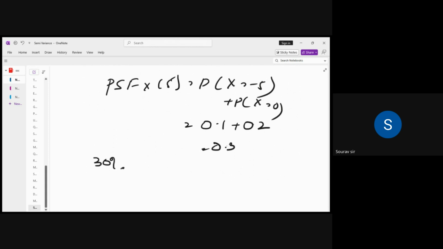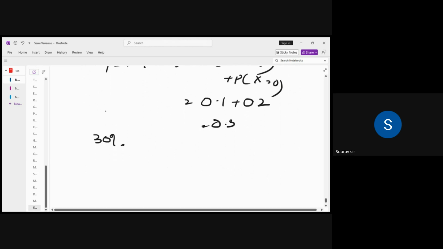It is 30%. It means there is a 30% chance that the return will be below 5%.